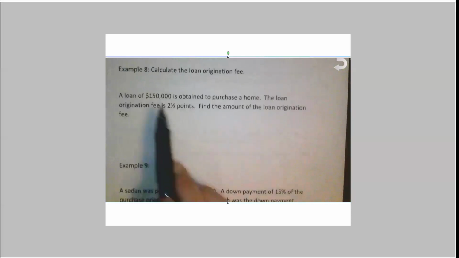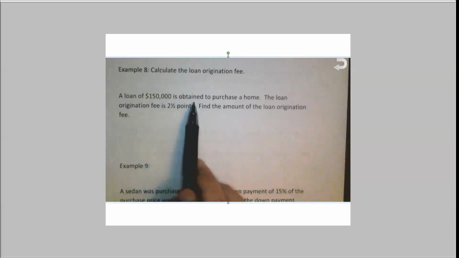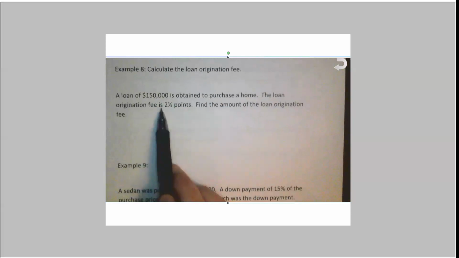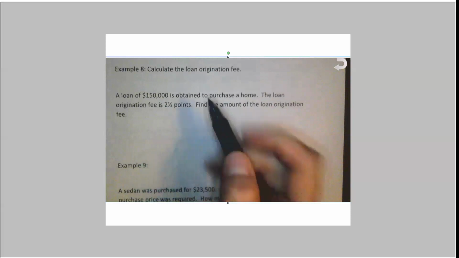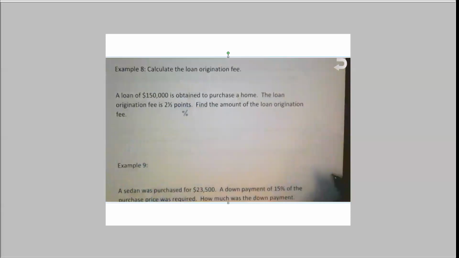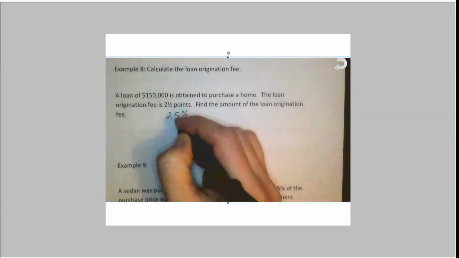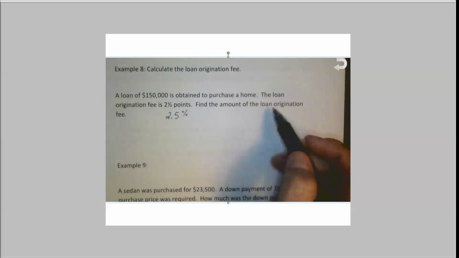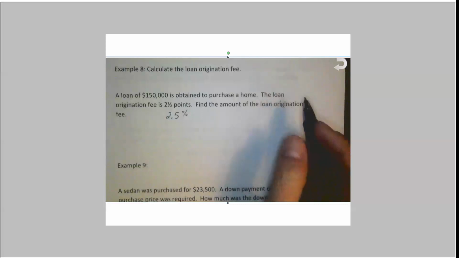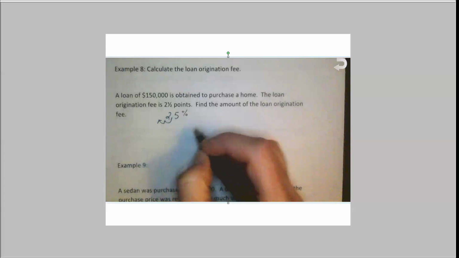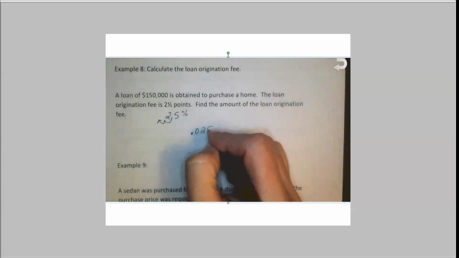A loan of $150,000 is obtained to purchase a home. The loan origination fee is 2.5 points. What did we say? Remember that equals percent. So find the amount of the loan origination fee. So I'm going to rewrite that as 2.5%. 2.5 points is 2.5%. As before, we're going to shift that decimal 2 spots to the left, 0.025.